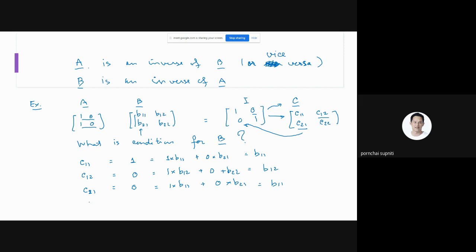And lastly, for C22, you can do it similarly, which is equal to 1, and it comes from row 2 multiplied by column 2 of B, which is B12.